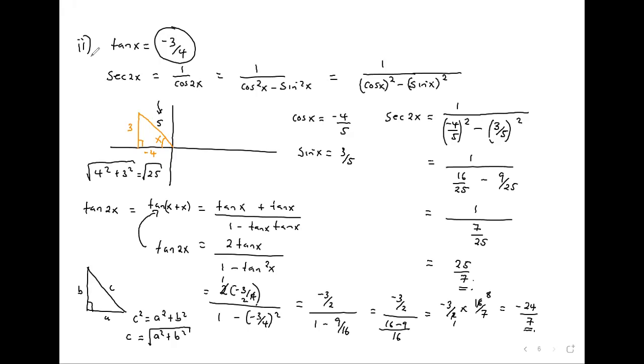Let's go to part 3. Part 3, we are dealing with sine A is equal to 3/5 and cos B is equal to 5/13, where A is an obtuse angle and B is an acute angle.